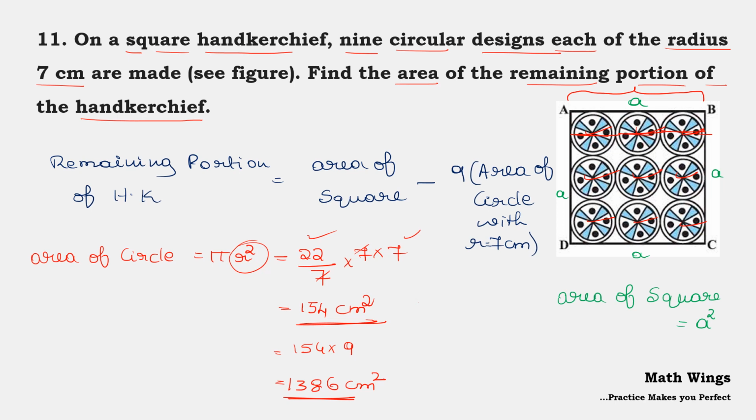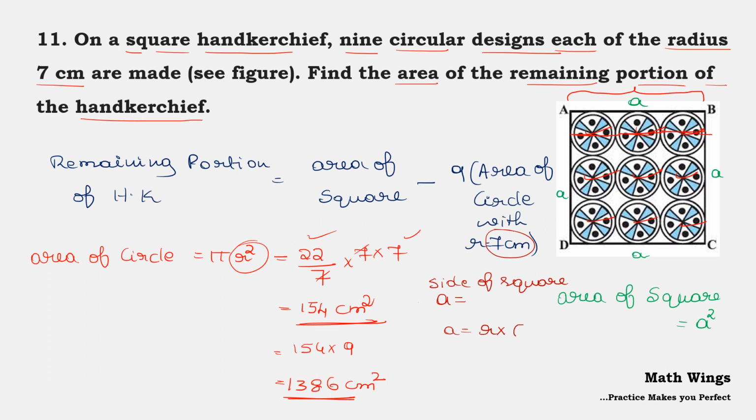We have the radius as 7 centimeter. How many times do we have to multiply the radius? So a, that is the side of the square, is equal to r into, 2 plus 2 plus 2.